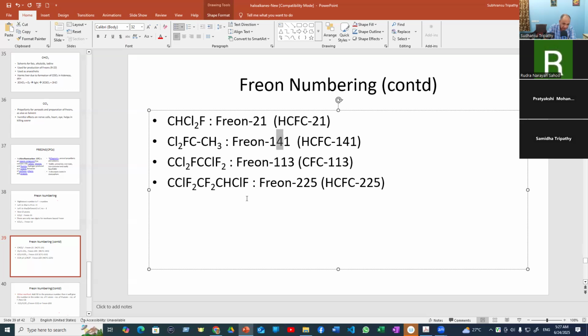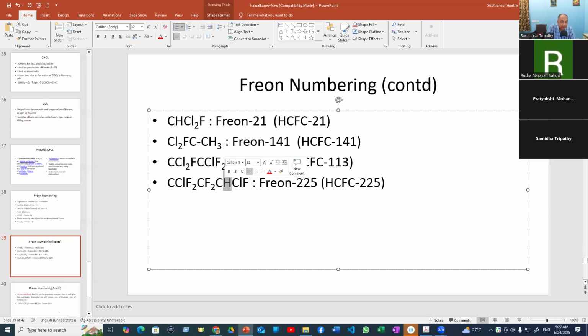So this is a propane based freon having 3 carbon atoms. So 5 means there are 5 chlorine atoms. F2 here, F2 here, F here. And 2 means hydrogen will be only 1, because hydrogen plus 1, so you have to subtract 1 to get the number of hydrogen atoms.